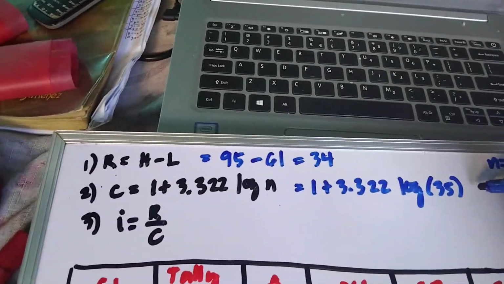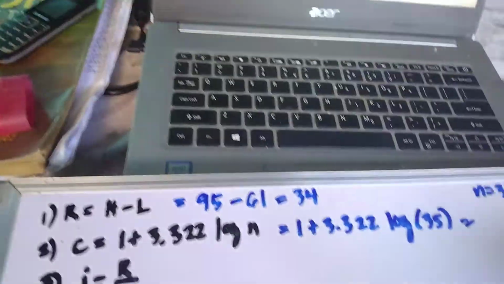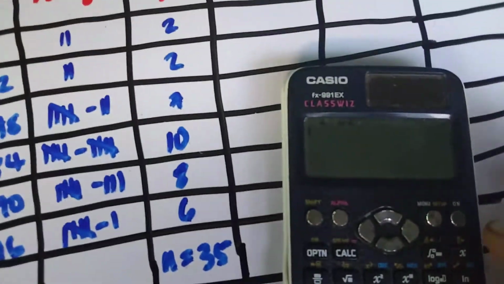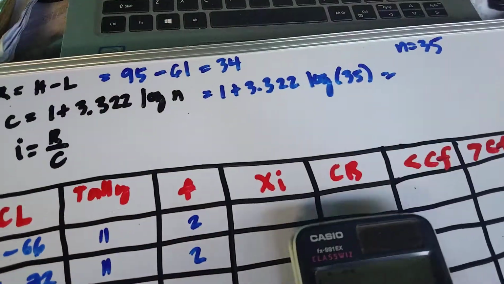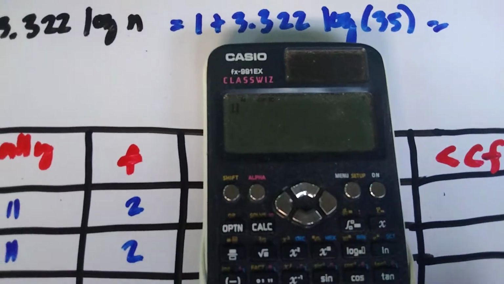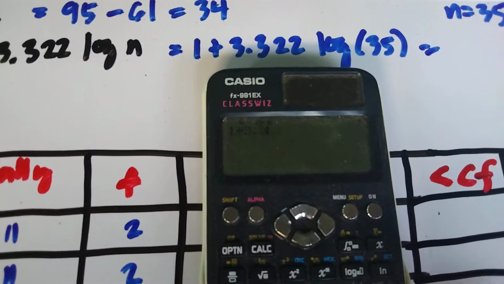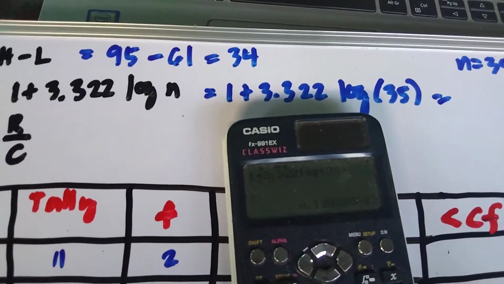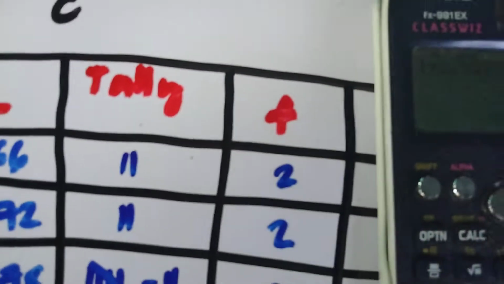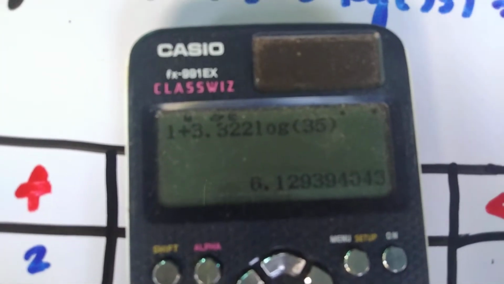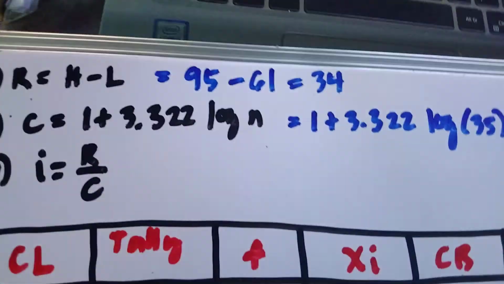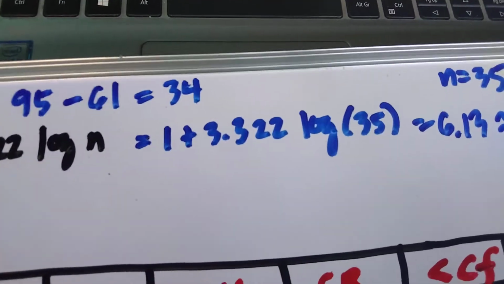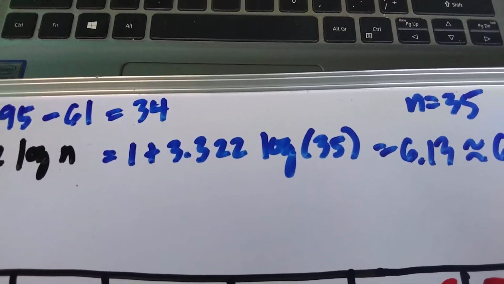Using a calculator, 1 plus 3.322 log 35, your answer is 6.13, or approximately 6. That is the number of classes, the whole number of classes.